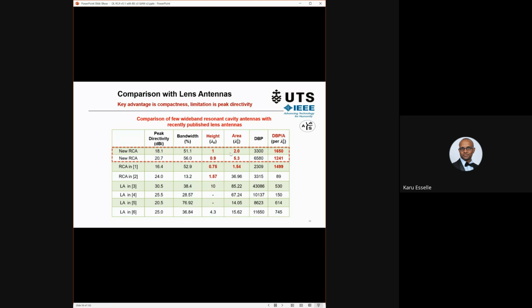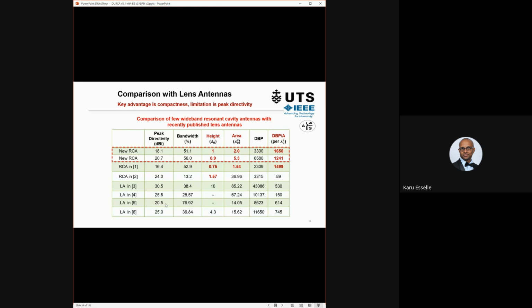This one is large, but the newer ones are very small, have very small area, very small height in terms of wavelengths, usually 1 lambda naught or smaller, whereas lenses could be very long, including the feed and the gap between the feed horn and the lens. 10 lambda naught could be 10, 5 or so on. Area could be very large.